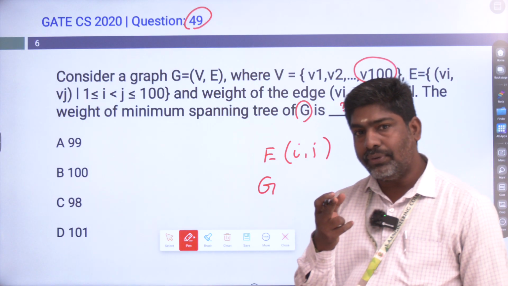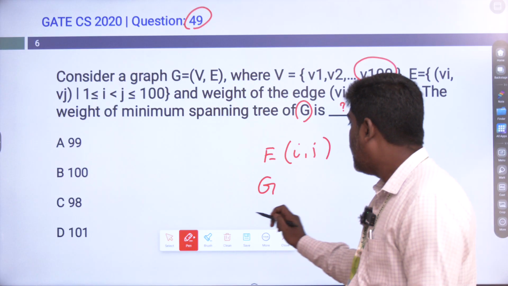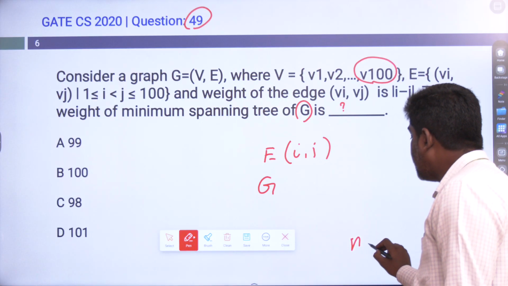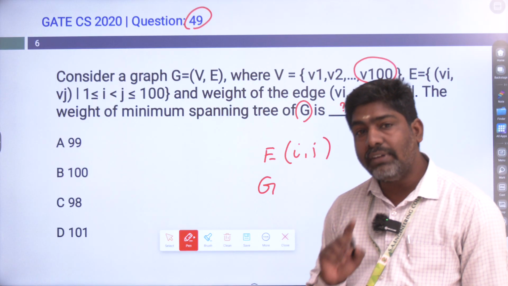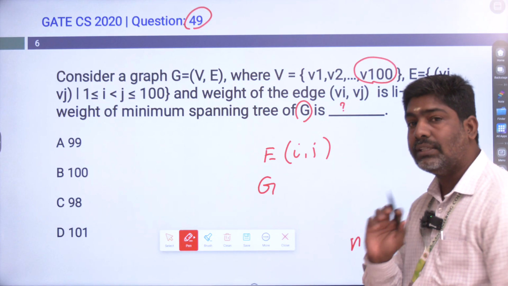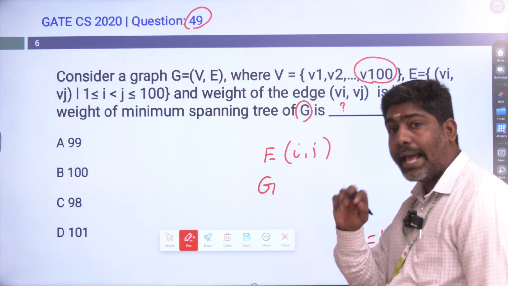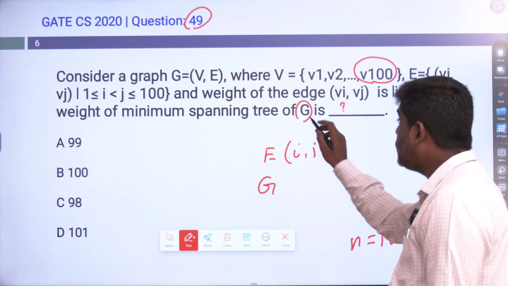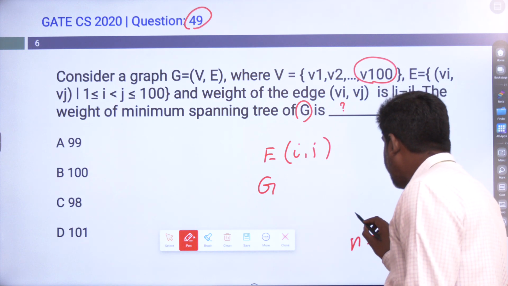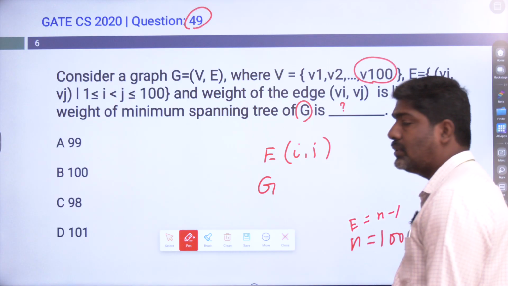Already we know the formula. I showed in the previous slide that n is nothing but how many vertices are available. Here how many vertices are available? 100 vertices, since they have given it in the question. Now we need to calculate the edges equal to n minus 1.